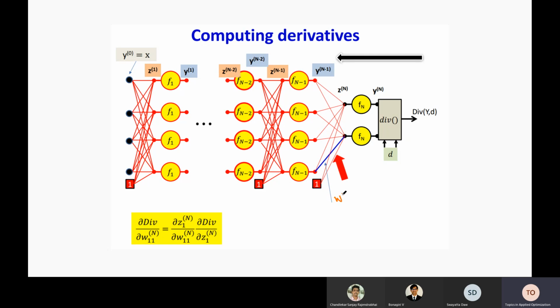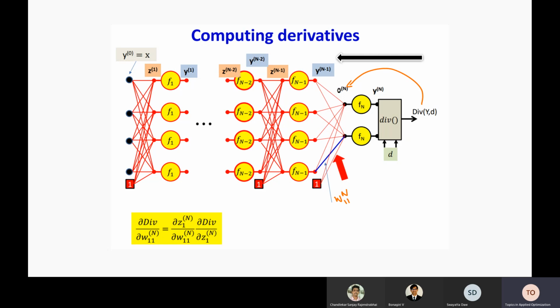So now let us again start from here and see how we can arrive at the weight. Let us say this weight is wn11, indicated by some blue arrow here. Okay, so I want to compute the derivative of the loss with respect to the weights. So what are the ways I can come here? So far I have discussed that I can compute the derivative of the loss with respect to z.